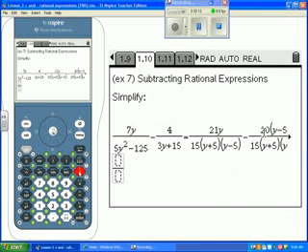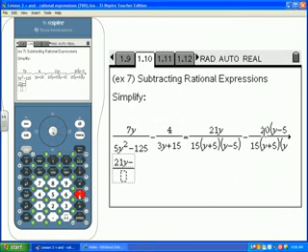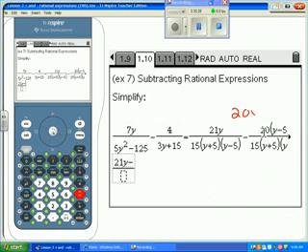We'll make it one big fraction. 21y minus, here's the tricky part. I have to distribute this piece out, so this is going to be 20y minus 100. I've got to subtract this whole thing. What do I have to remember to do? Add the opposite. So we keep, change, change.